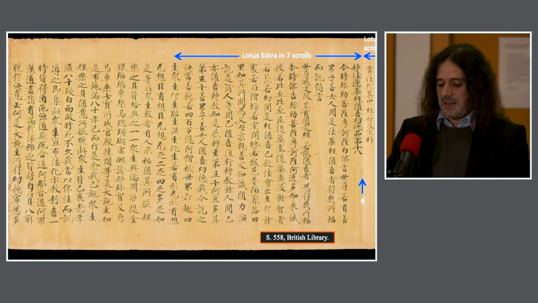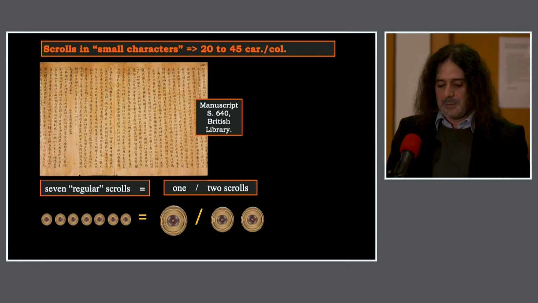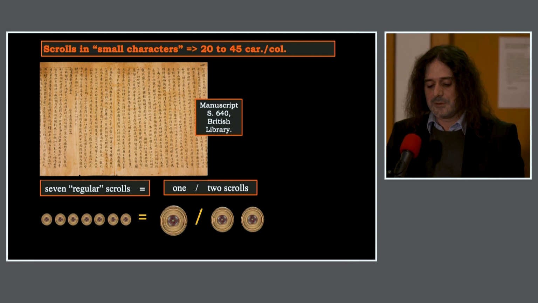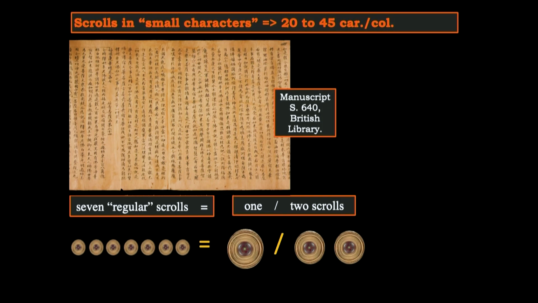And now, the last part of my talk. Professor Fujieda Akira has defined one category of Dunhuang manuscripts as scrolls in small characters, because these documents do not correspond to the format that we assume to be intended for official monastic libraries, as they do not observe the famous 17-character column standard, but may contain more than 40 characters per column, which results in a high page density.